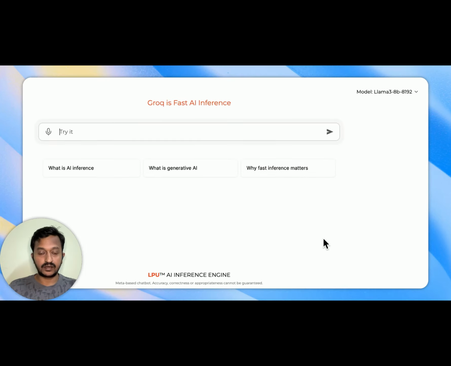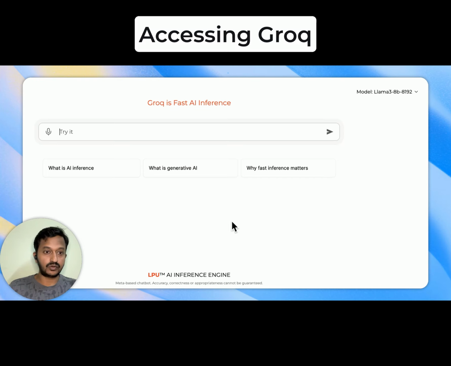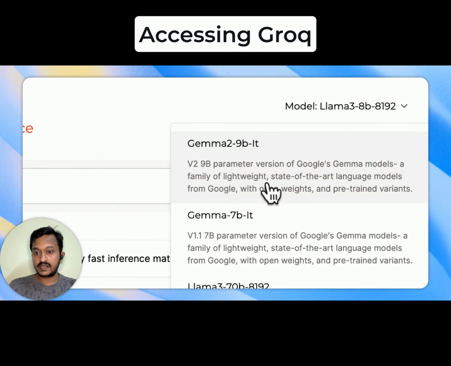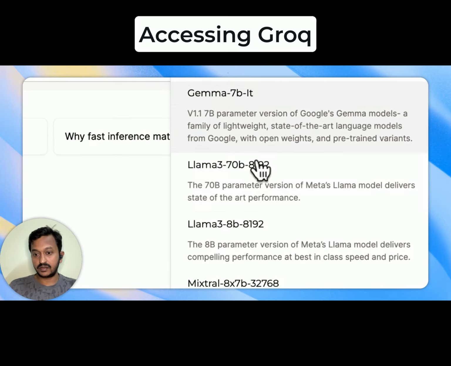Hey guys, accessing Groq is very easy. You can go to grok.com and start using it for free. You can type in your own query or question, or you can use these predefined questions that are already available. And on the right-hand side, you can see different models available. You can select different models you want.